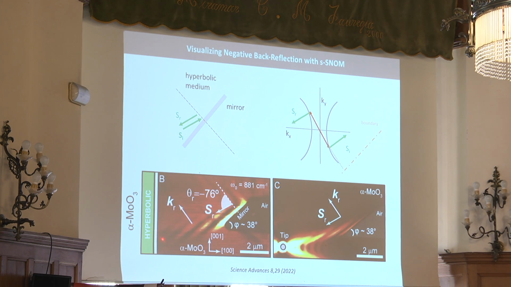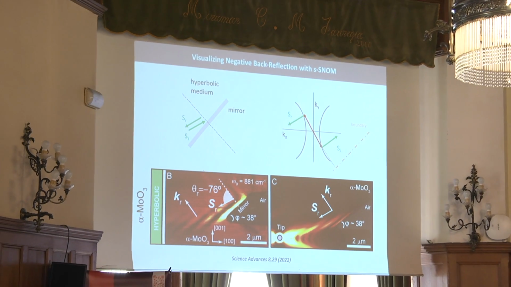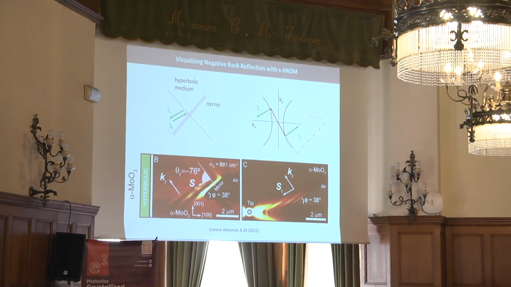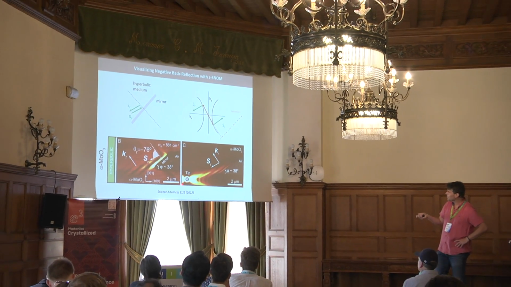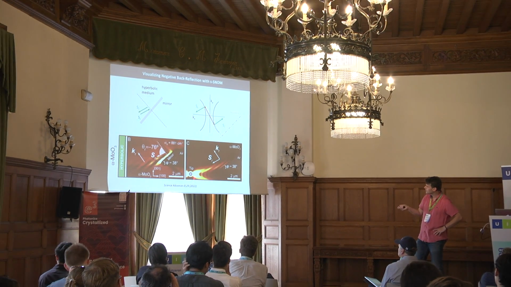The only position where the tip was getting back reflected waves was along this direction. So this is the back reflected waves, negatively, from a mirror, visualized in the near field at the nanoscale. I never saw a visualization of negative reflection in any other medium. And this is the simulation of a tip in one position, and you can see how this happens.